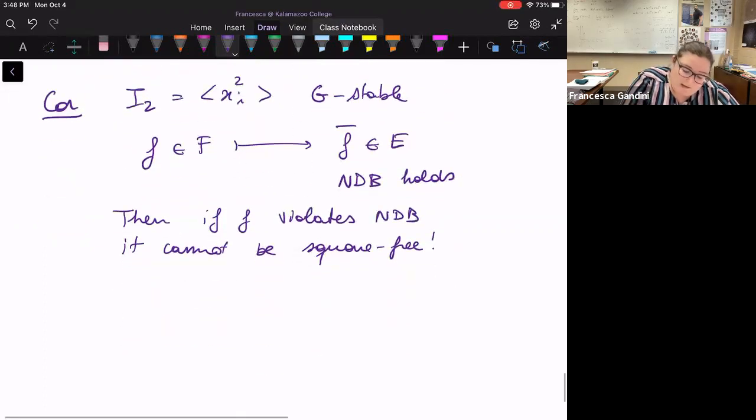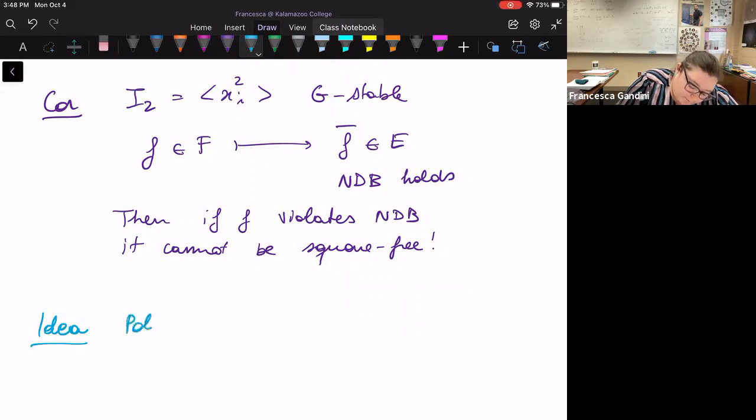So this is the big idea here, or really the suggestion for my future work, is to think about how polarization works in non-commutative algebras.